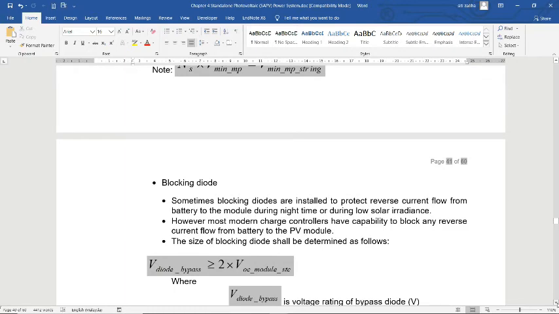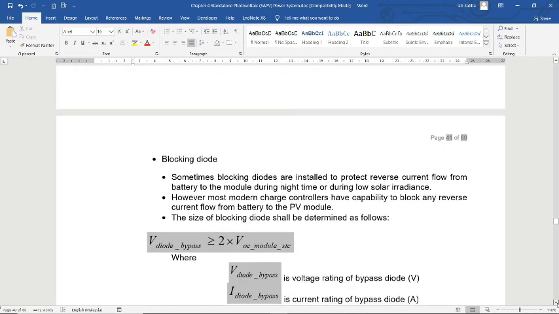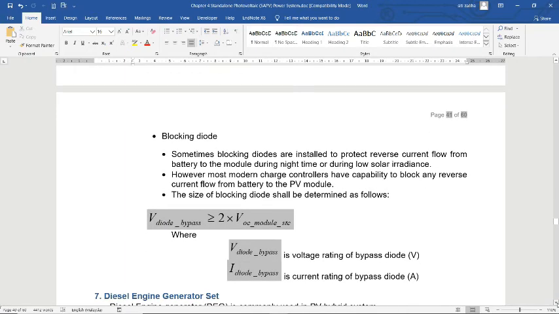Other than the size of the cable, you need to calculate the blocking diode. This is a blocking diode that you usually install for each string. This blocking diode is different from the bypass diode. The bypass diode actually comes with the PV module at the junction box, but this is a different thing.